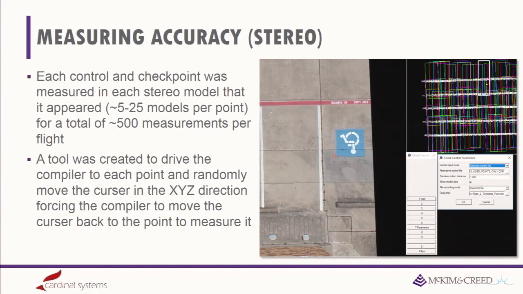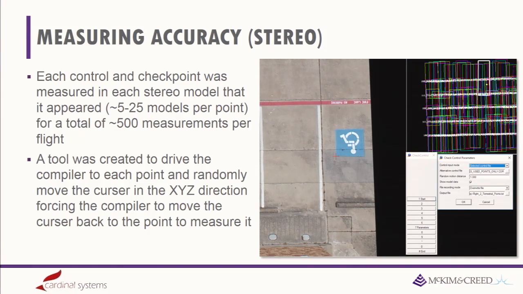So to test this, we were looking at doing direct measurements in stereo. A lot of times in AT you have your control points, and when you're doing your bundle adjustment you also have your checkpoints, and you're testing that within your solution, which we did, but we also wanted to test direct measurements. So we created a tool that would drive us to all these points, and once we got to those points it also shifted us some random error so that the compiler wasn't going directly on the point, just clicking the button.